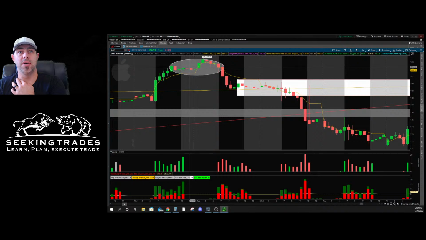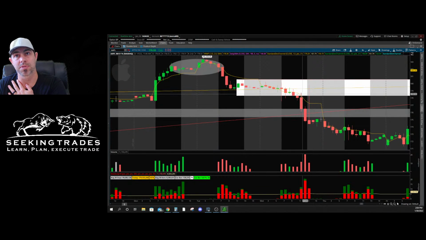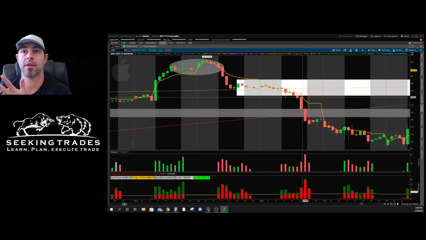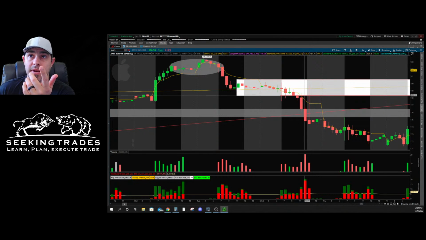So this is kind of consolidated sideways, pulls down, consolidates sideways again, and then pulls down again. And because it pulls down again, you could see that it's just got too much supply. Nobody wants to buy it. It's not attractive anymore.